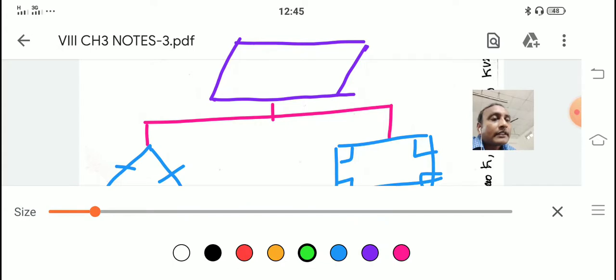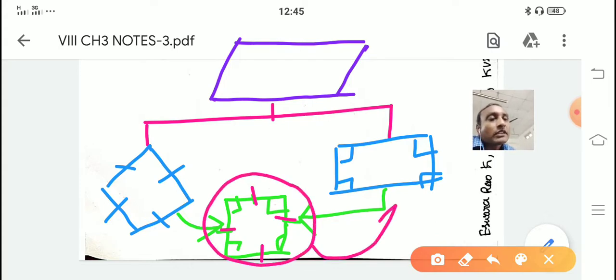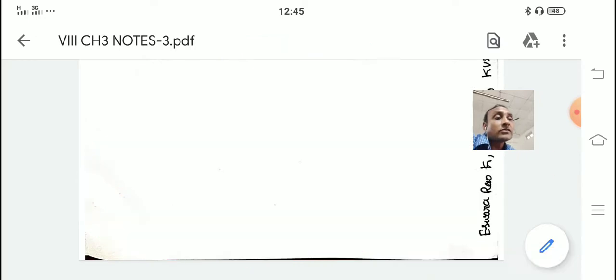So that means a square will have all the properties which the rectangle and rhombus have, and the rhombus and rectangle will have all the properties which a parallelogram has. Hope you understand this, and the diagonal properties you should also know.